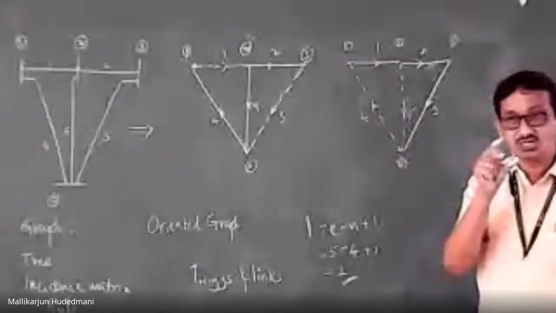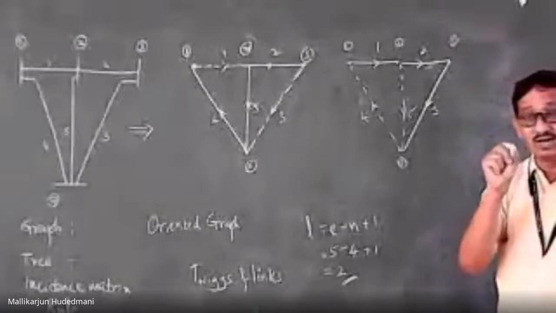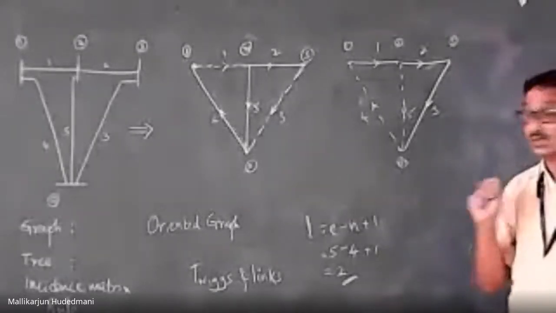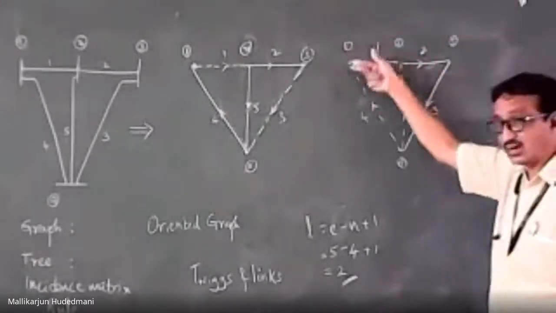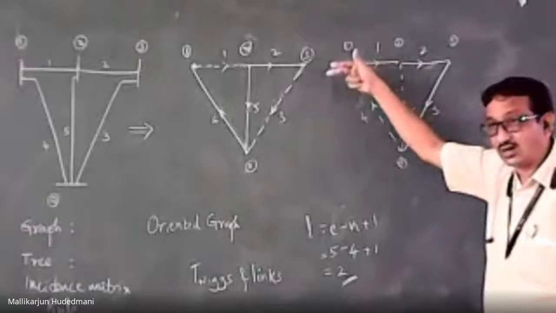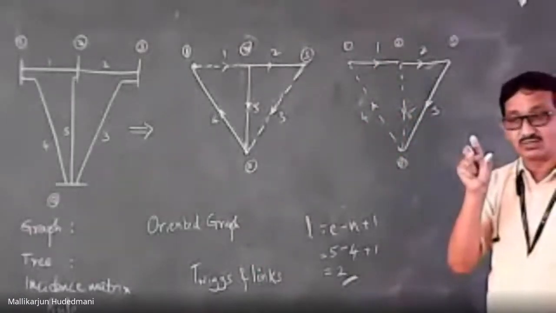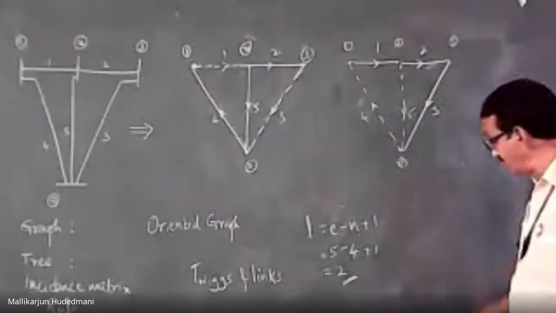That relationship of element and node must be put in the form of 1 and minus 1 or 0 in matrix form by using a rule. That relationship, incident or not, connected or not, connected towards or away from that node, that understanding of relationship is mathematically represented as the incidence matrix. So that we need to begin with.